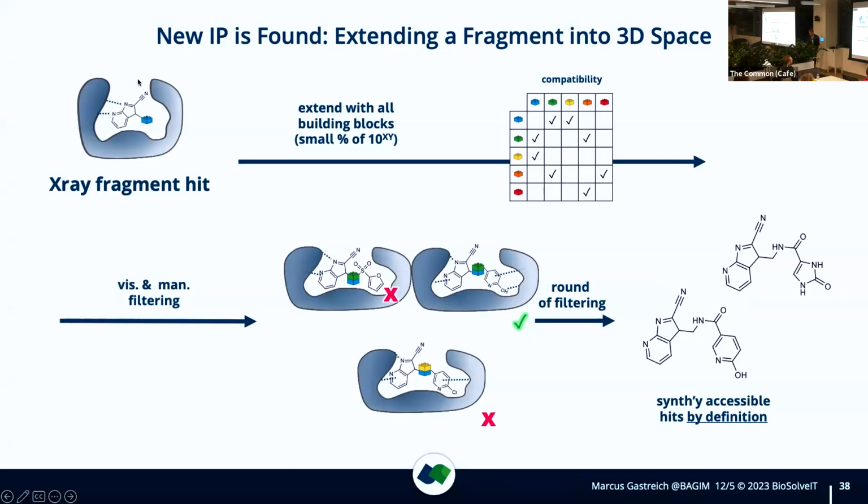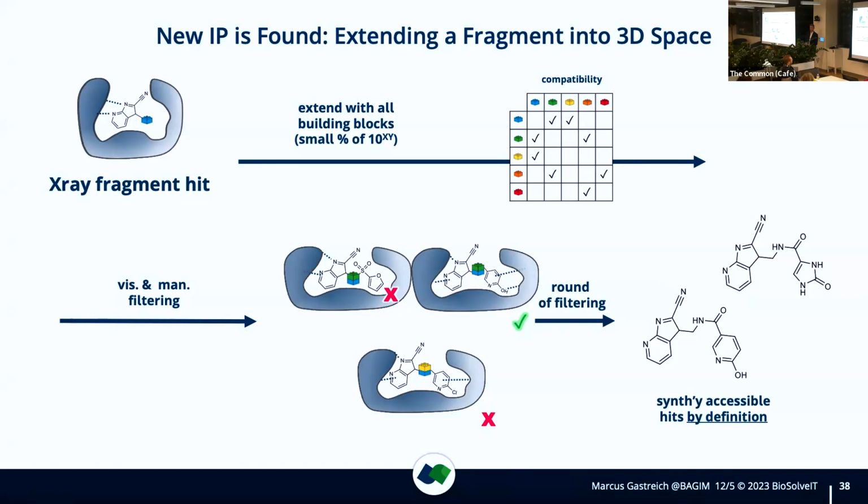Instead of an empty pocket, now we used an X-ray determined fragment hit. And I should stress at this point in time that the fragments would not have been found if we had used a classical assay-based screening strategy. They were so weakly binding that we wouldn't have had any chance to detect them. But X-ray did, and actually with a very nice resolution.